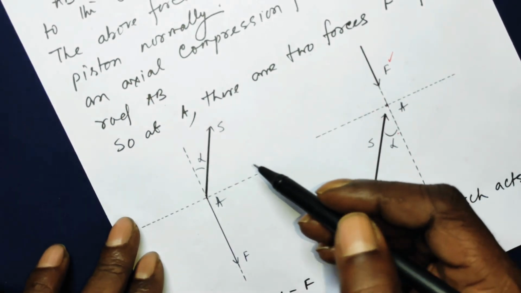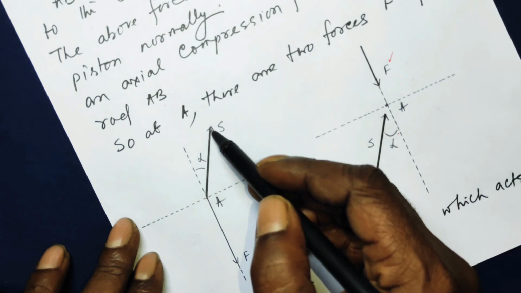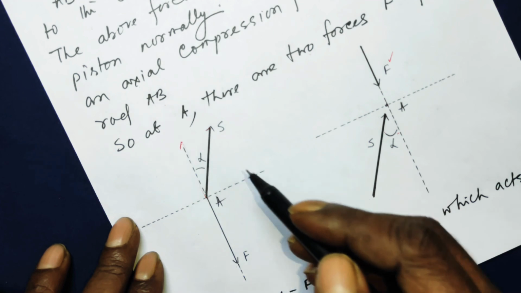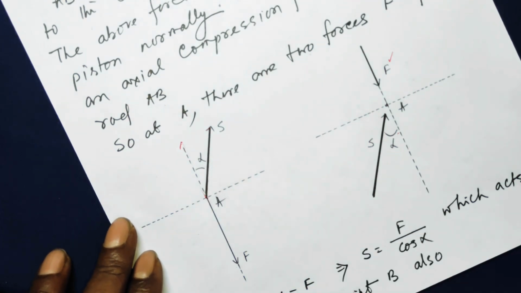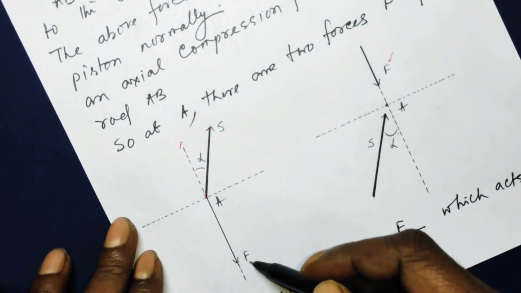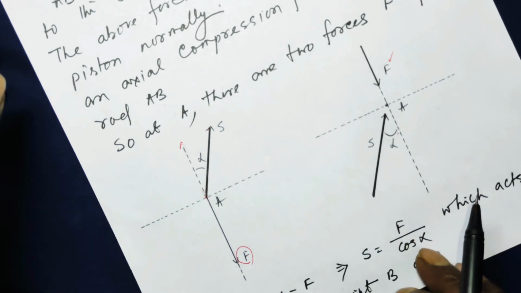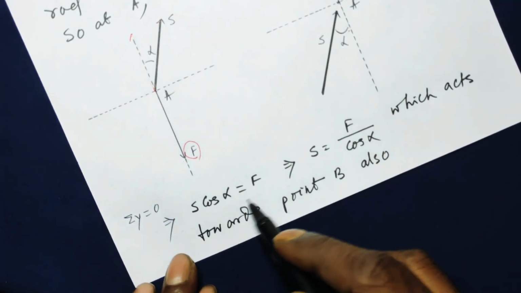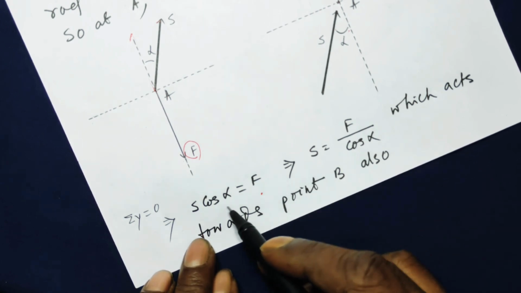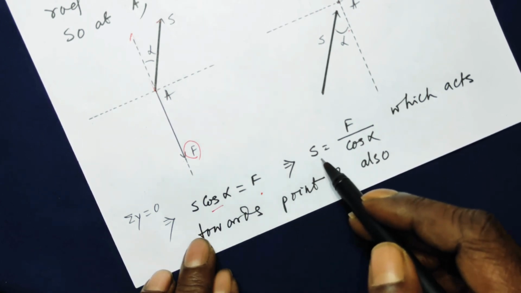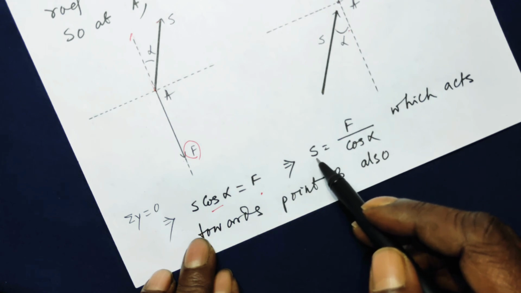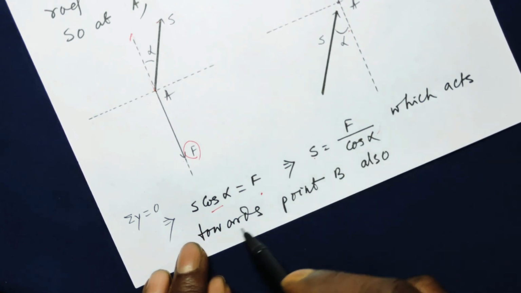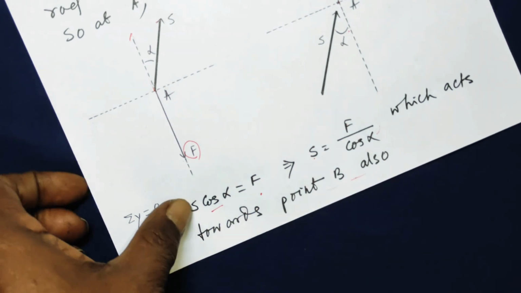So if you apply sigma y equal to 0, if you drop a perpendicular here on the y axis, this part from here to here will be S times cos alpha, which will be equal and opposite to F. No need to calculate alpha. So S cos alpha is equal to F. Take cos alpha to the right hand side. So the axial compression force S is equal to F over cos alpha, which acts towards the point B also.